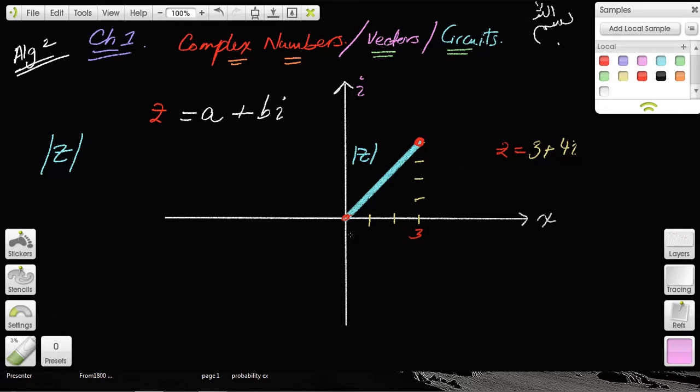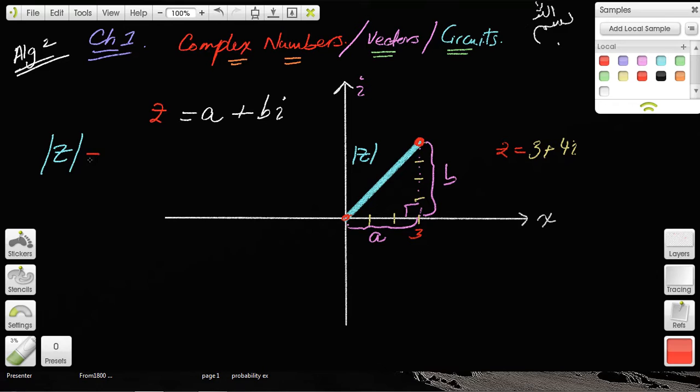Now, you understand that the complex number is a composite of a real component a and an imaginary component b. And as you can see over here, they form a little right triangle.